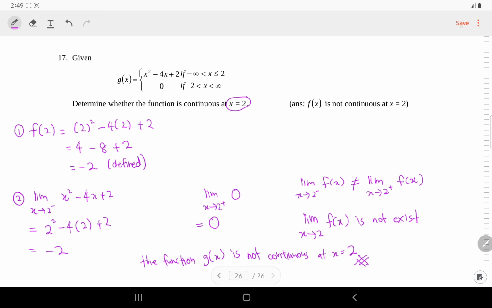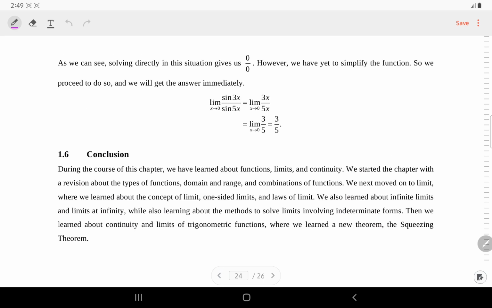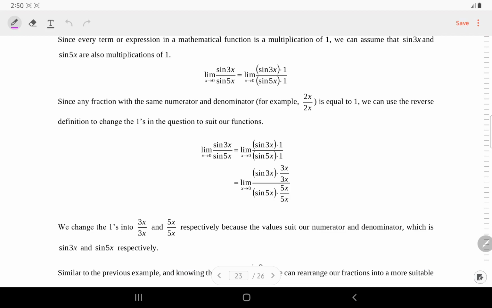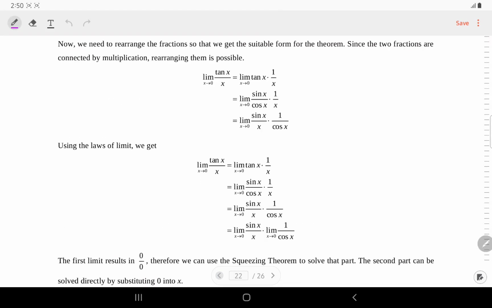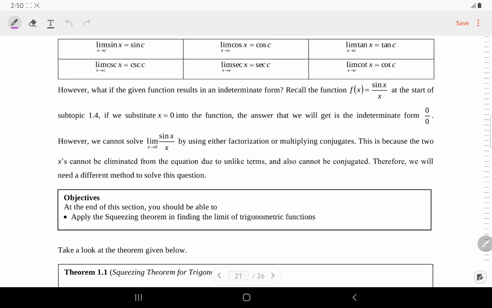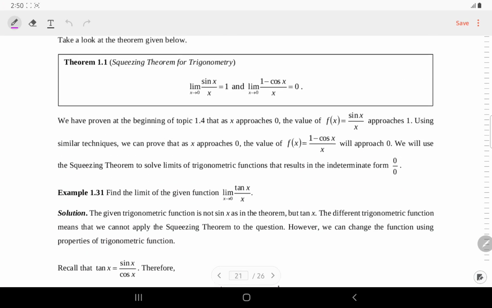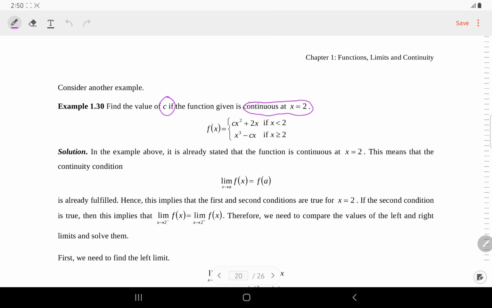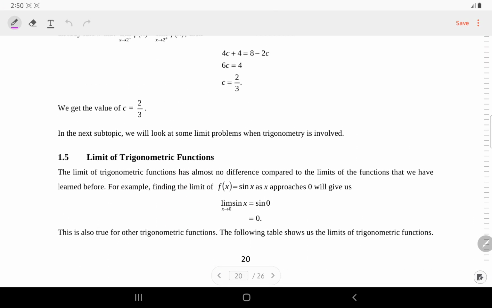Next we proceed with the other subtopic, which is the limit of trigo function, on this page 20.